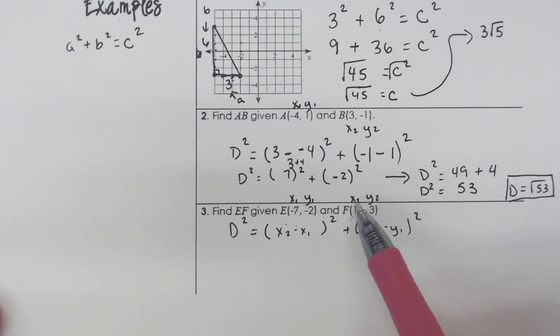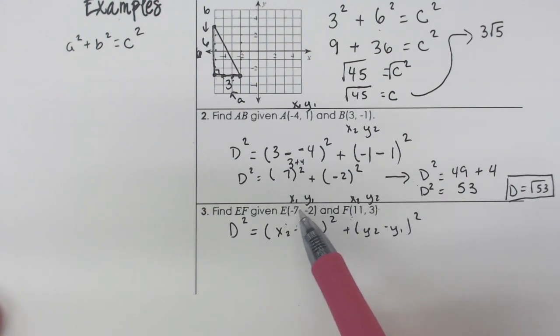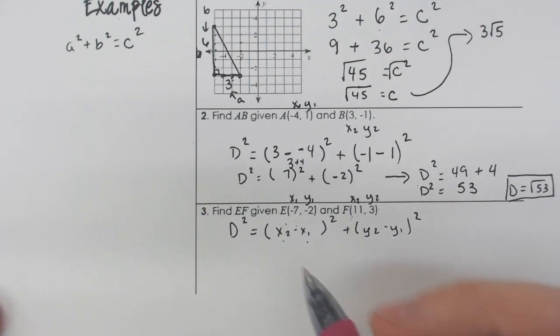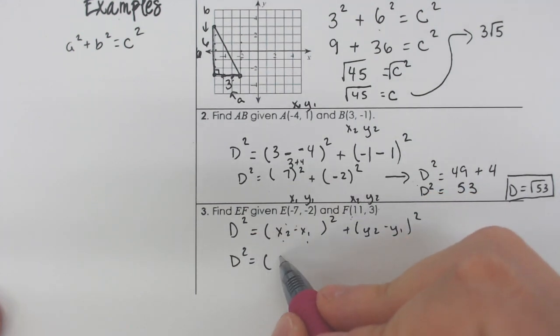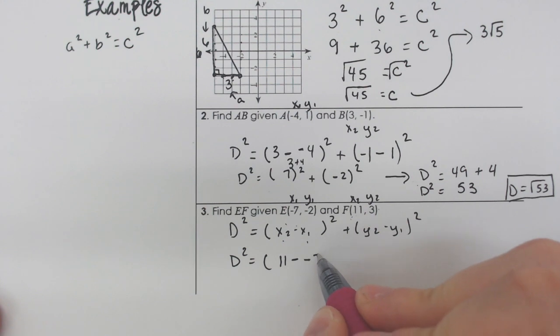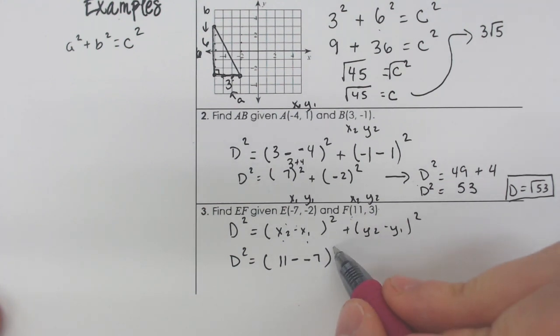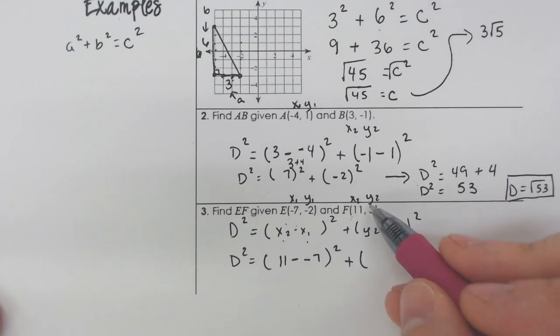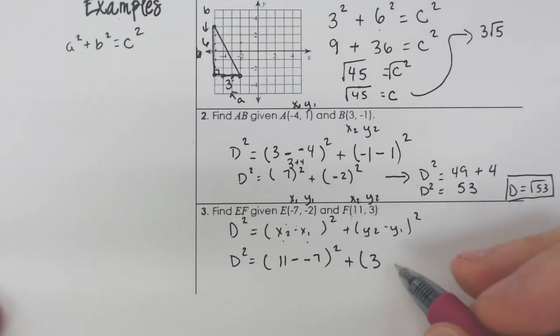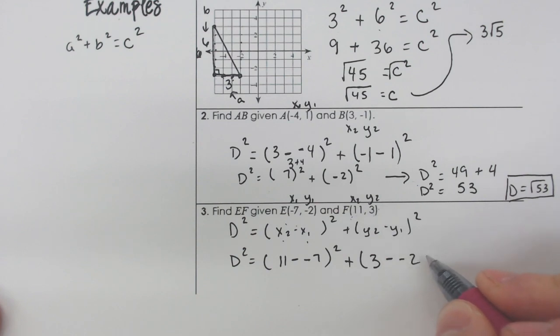We got 11 minus the negative 7, x2 minus x1. So x2 is 11 minus a negative 7. Don't forget the squared. Plus y2 is 3 minus a negative 2.